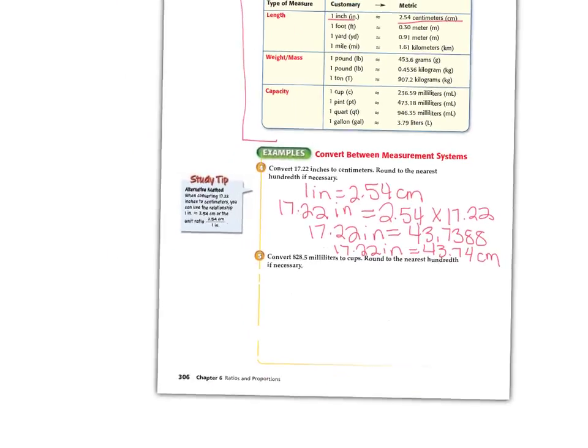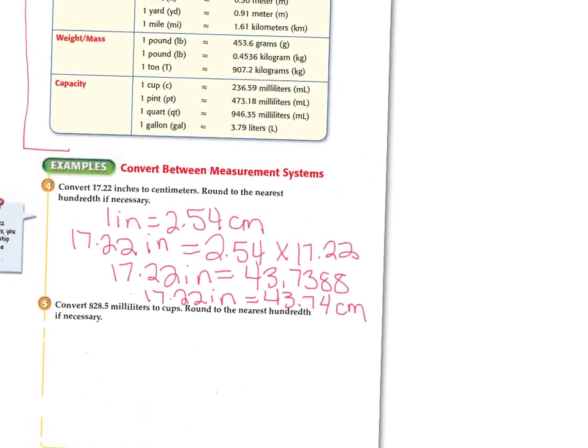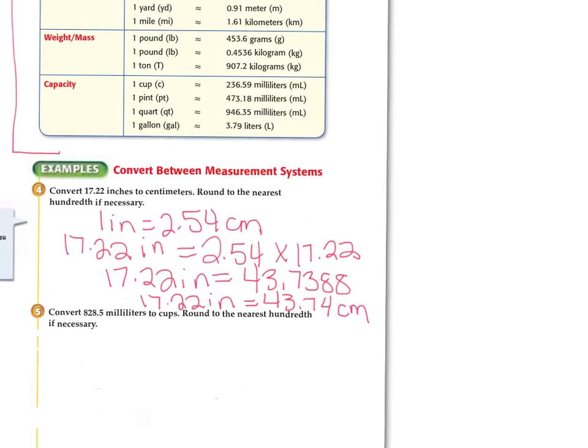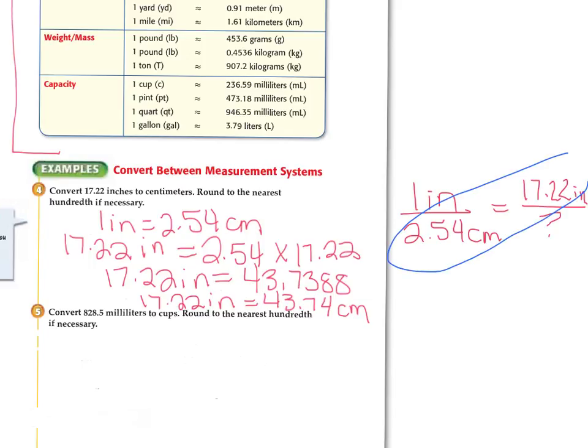Let me show you the other way that I would do that just to make it easier, because sometimes I think it's hard. You don't know whether you should be multiplying or dividing. So I set up a proportion: 1 inch to 2.54 centimeters. And then I would set up my equivalent ratio over here. What I'm given in the problem is inches, so I put that on top because I have inches on top. And then this is my question mark. Then I would simply do my cross products here.